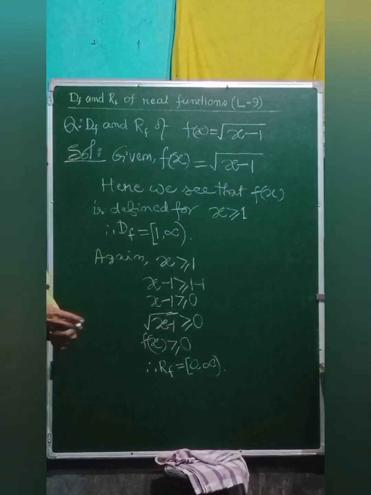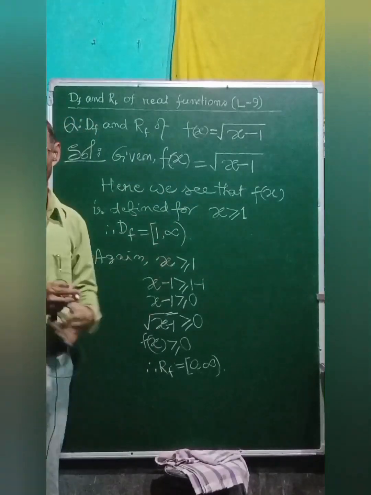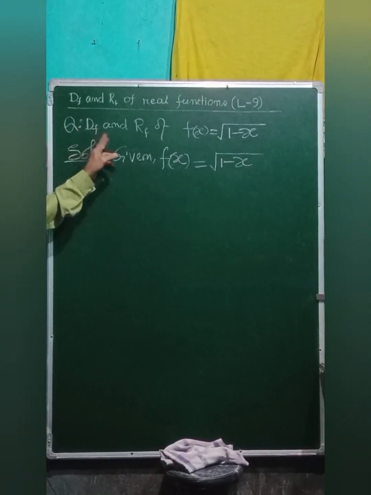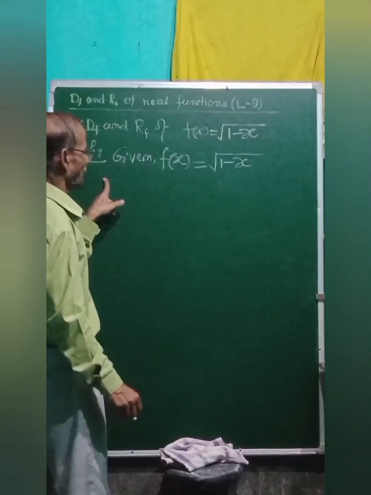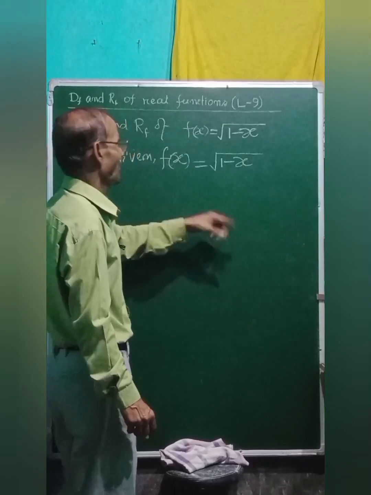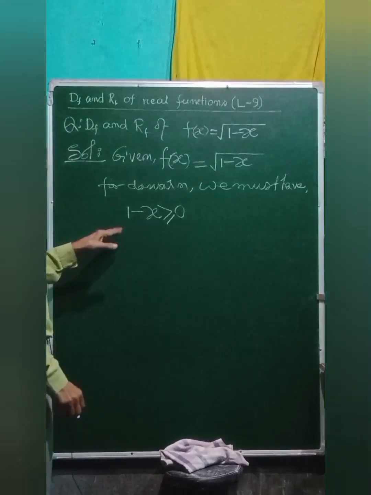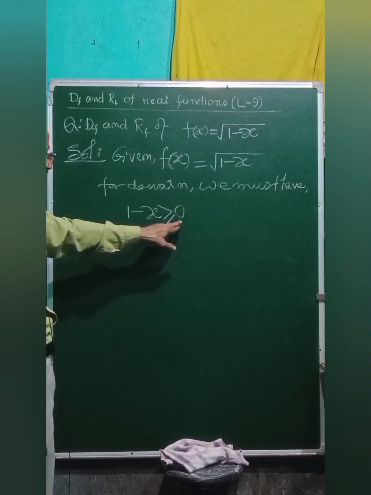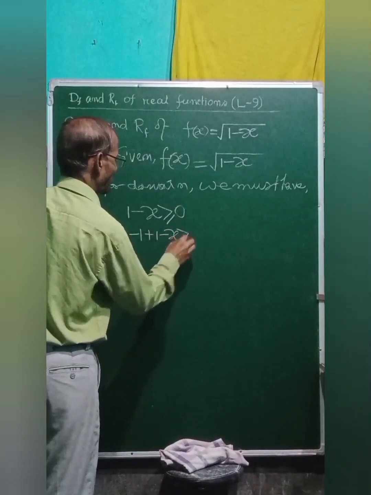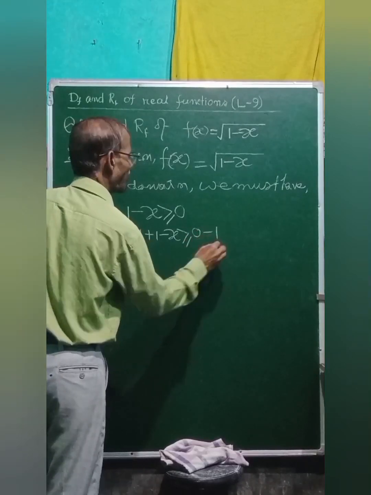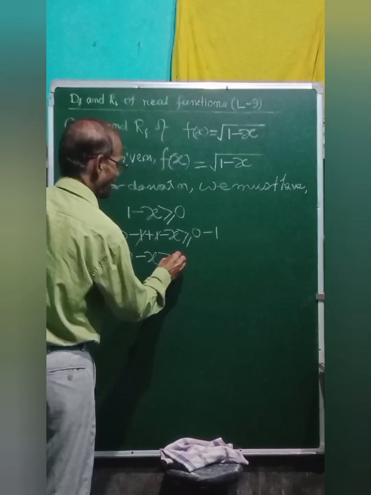Now we are taking one more question: root over (1 minus x). What happens in that case? Let us see. Find the domain and range of f(x) = root over (1 minus x). Given this, the same logic applies: the expression under the root must be greater than or equal to 0. For the domain we must have 1 minus x greater than or equal to 0, which implies minus x is greater than or equal to minus 1.